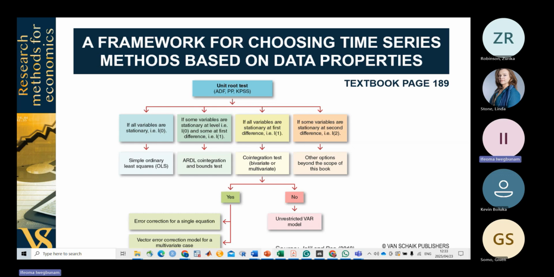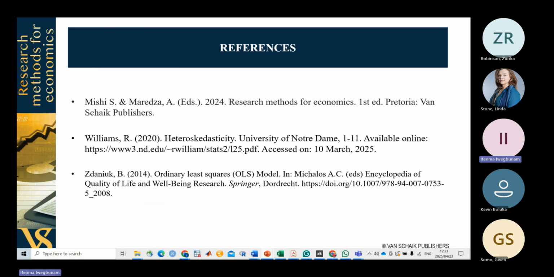As I explained before, you can adopt the error correction model, and when the error correction model does not work, you can adopt the vector error correction model in the analysis, and that is it.